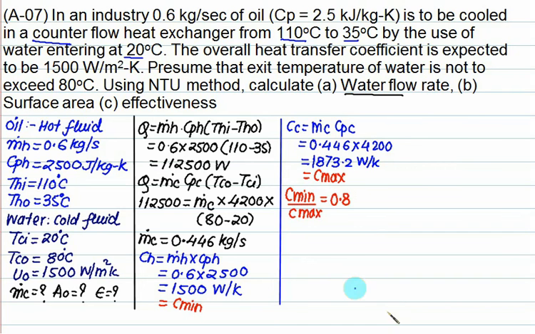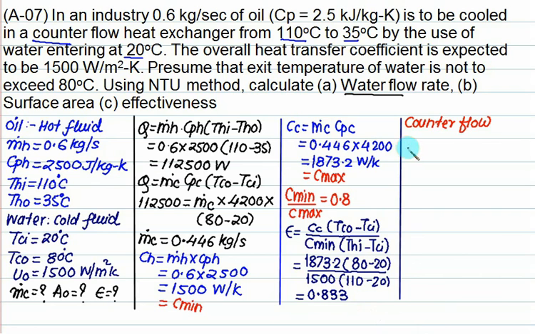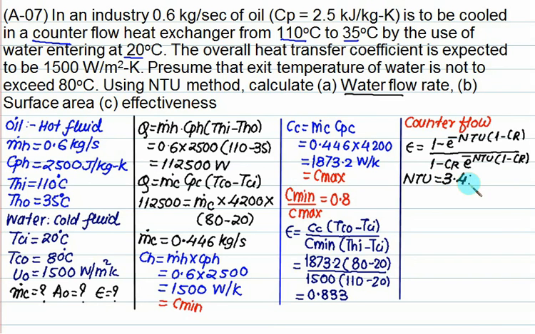Now we'll find out effectiveness. Effectiveness is given by CC times (TCO minus TCI) over C minimum times (THI minus TCI). TCO is 80, TCI is 20. Effectiveness comes out to be 0.833. Our counterflow effectiveness is given by the counterflow formula, equal to 0.833, so we can obtain NTU as 3.45.